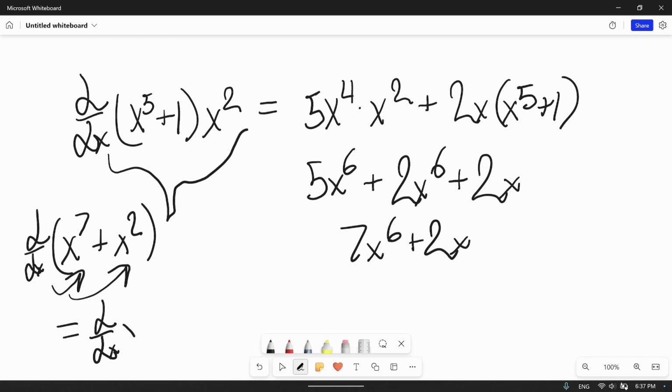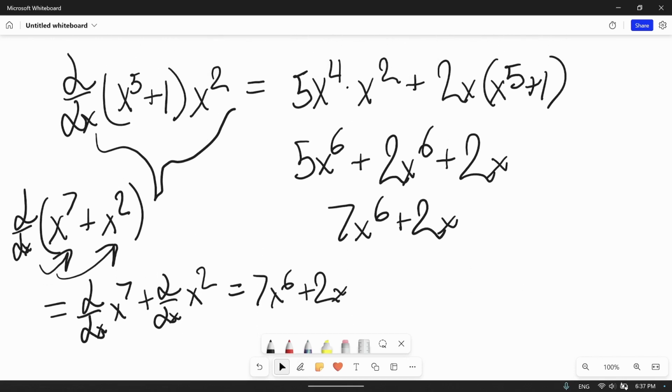So this is equal to the derivative of x to the 7 plus the derivative of x squared, and this is equal to 7x to the 6 plus 2x. See? So this shows that the product rule and the power rule work with each other, which means that they are both true. Okay, let's move on.